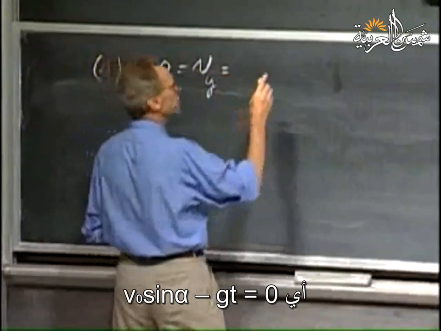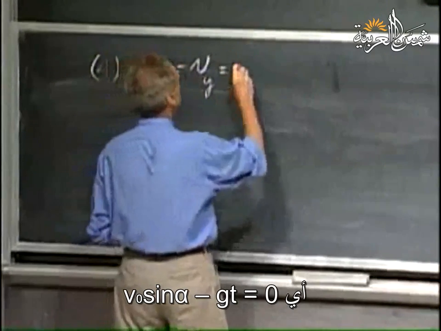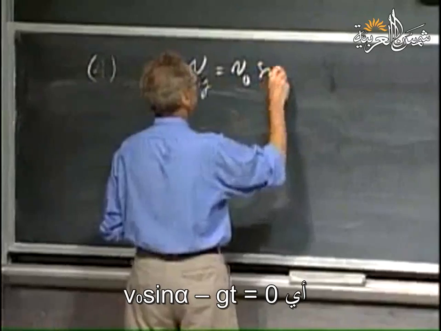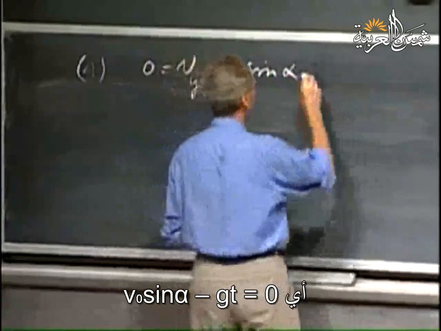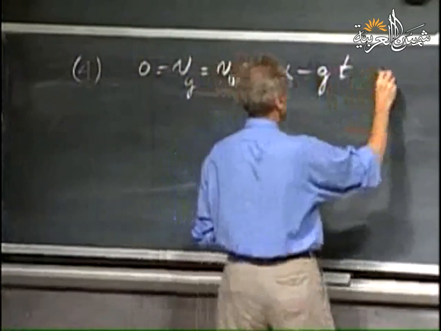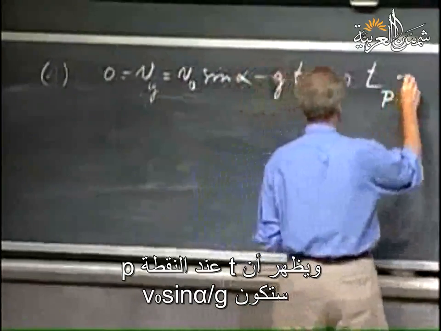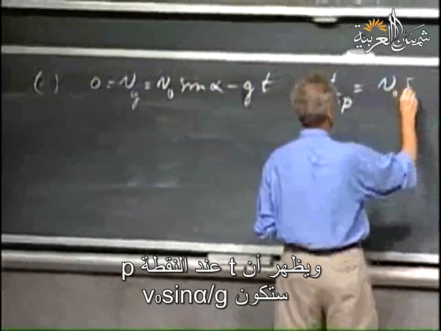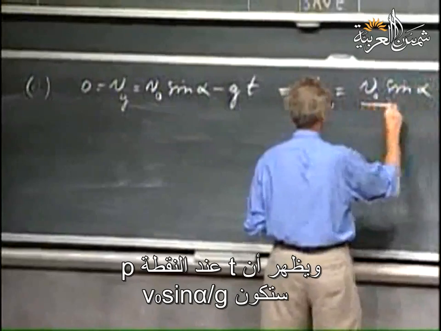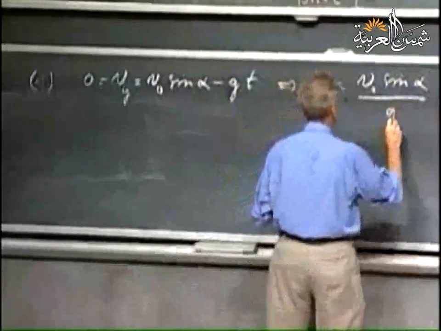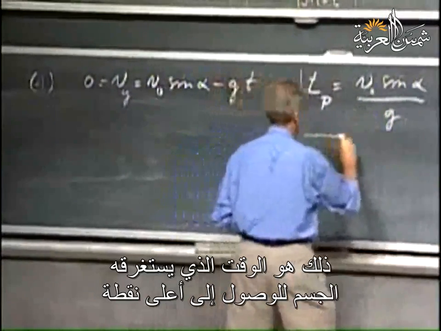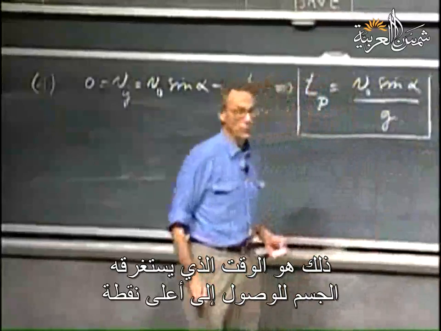And that then becomes v0y, which is v0 sine alpha minus gt, and out pops that t at point P is going to be v0 sine alpha divided by g. So that's the time that it takes for the object to reach the highest point.